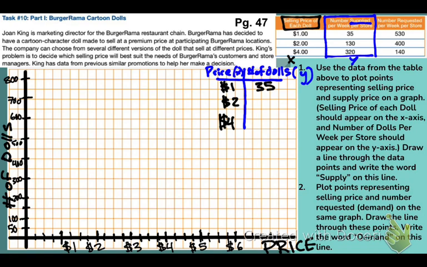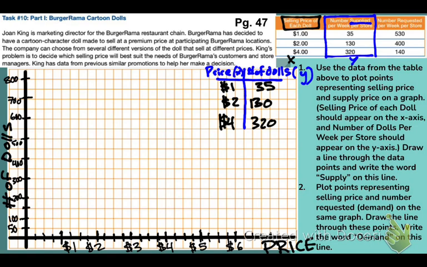And that is the same as $35, $130, and $320. So the table itself is giving me my X and Y values. It's giving exactly what I need to plot the points.